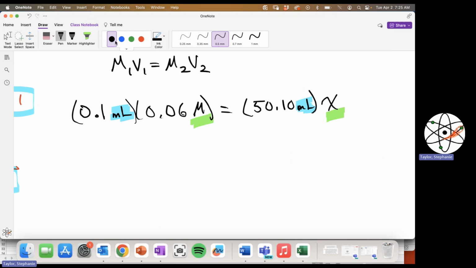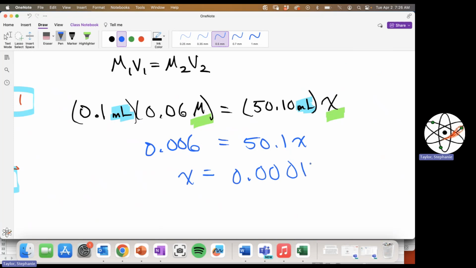So this is then 0.1 times 0.06, 0.006, is equal to 50.1x. Divided by 50.1, I get x is equal to 0.1231196. I am going to check the key to see if I'm on the right track.